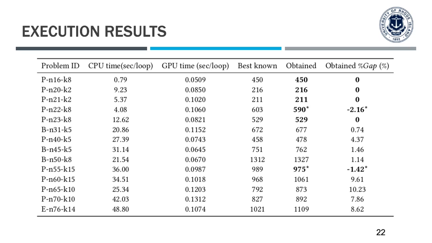The table shows the execution results obtained when we run our algorithm on different problems ranging from 16 to 76 nodes. It shows the CPU and GPU times in seconds per loop, the best known obtained from the literature, and the obtained percentage gap from our algorithm.